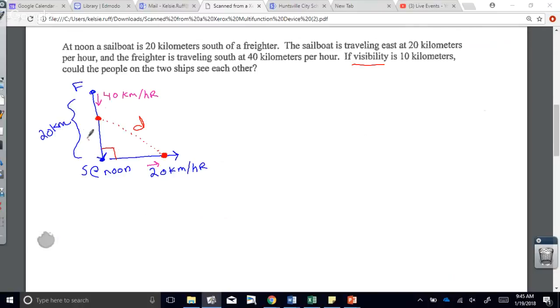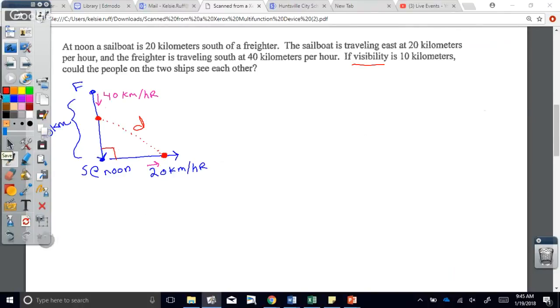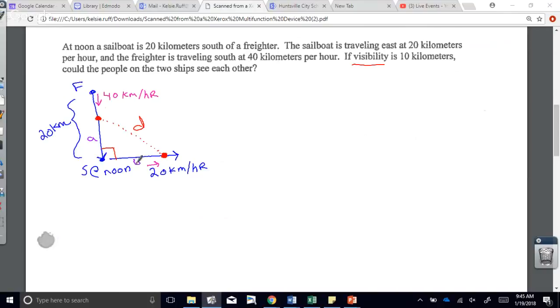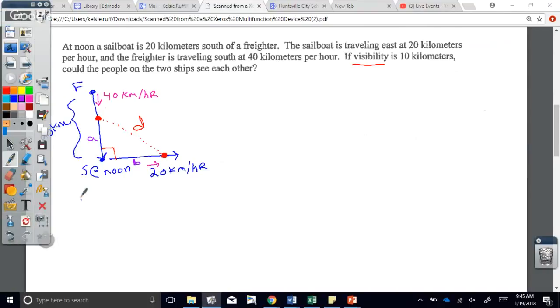We've got a right triangle here. Just to all be on the same page, let's call this distance A and this distance B. For starters, we're going to use the relationship A squared plus B squared equals D squared.